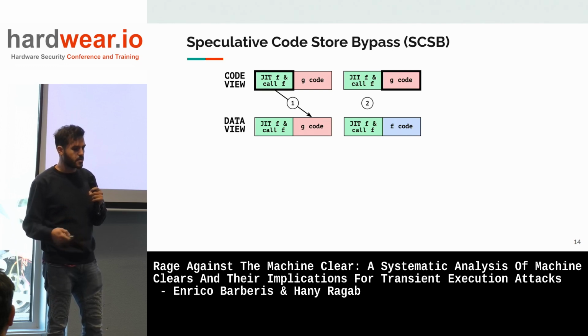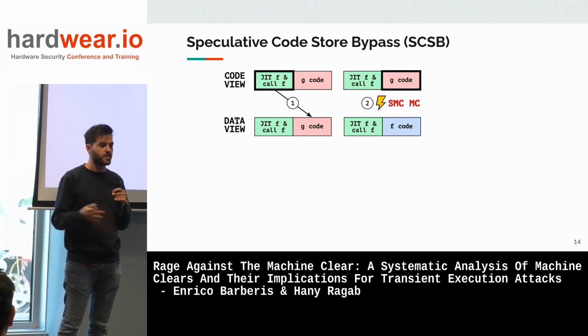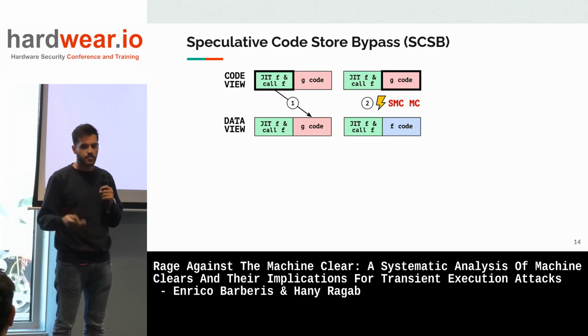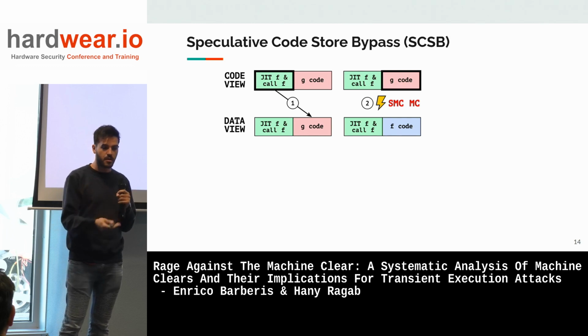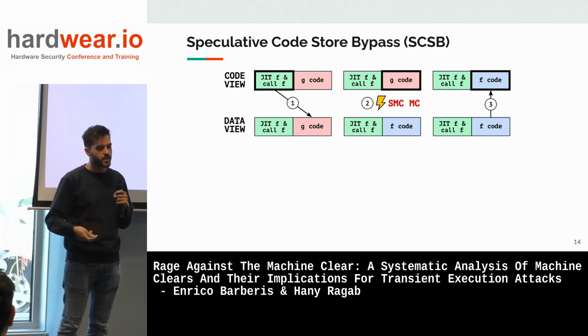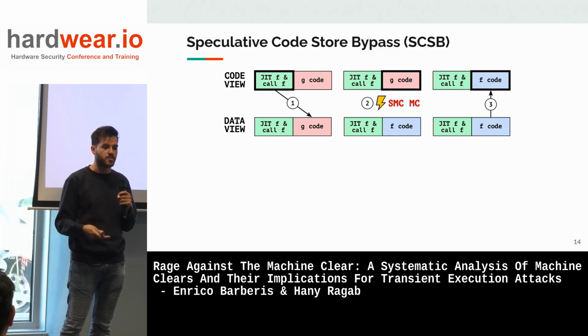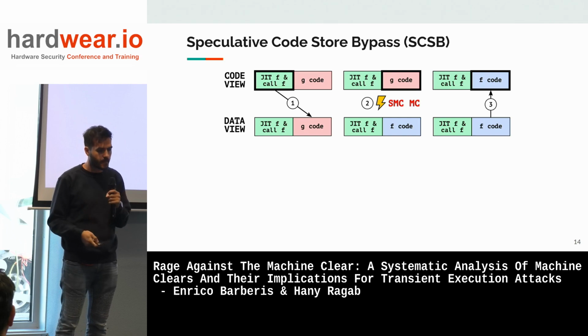At some point later during the execution, the processor will detect that there has been a self-modifying code and that it actually executed transiently stale code, and will eventually issue the machine clear, flushing its pipeline from the stale code, which in this case is the code of function g, and will resynchronize or restore the coherence between code view and data view, resuming the execution from the new code that we actually intended to call in the first place, which is function f.